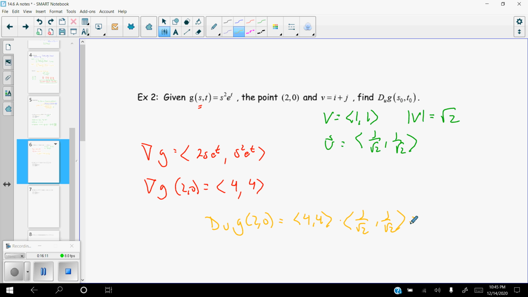So we're going to get 4 over root 2 plus 4 over root 2, which is 8 over root 2. And obviously you can simplify that. You can rationalize it if you want to, but this is perfectly fine. So we basically have a slope of 8 over root 2 in the direction of the vector i plus j, or 1, 1, which is a 45-degree angle in between the x and y axis in this case.